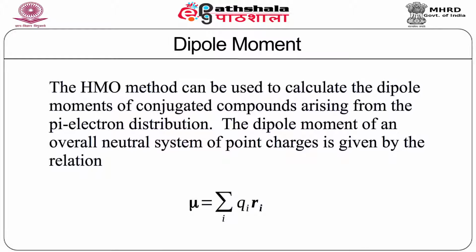The Hückel molecular orbital method can be used to calculate the dipole moments of conjugated compounds arising from the pi-electron distribution. The dipole moment of an overall neutral system of point charges is given by the relation mu equals sum over i of qi Ri, where mu is the dipole moment, qi are the charges, and Ri are the position vectors of the ith site.